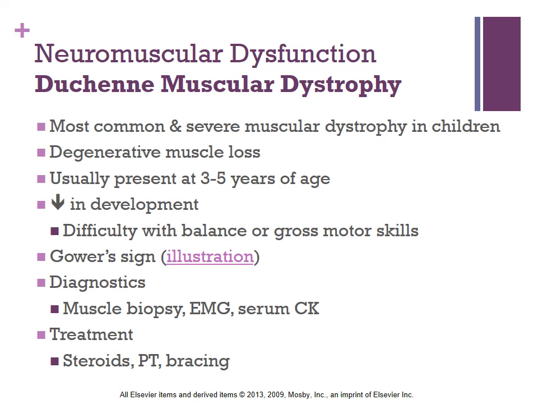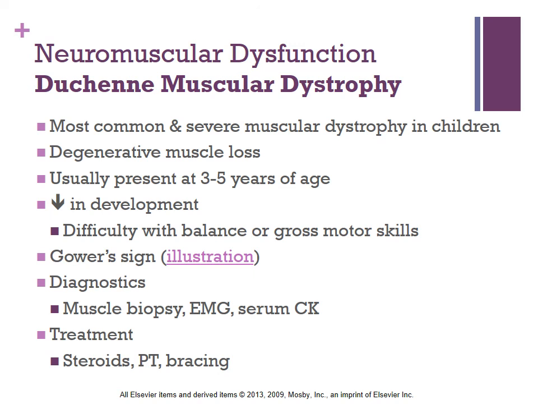So you'll see that CK levels are drawn in MIs or heart attack problems. Somebody has a heart attack, they'll draw a CK, but they also will do it to see if there's any kind of muscle damage from any other disorders like DMD, and see what the level is on that. Treatments may be steroids.